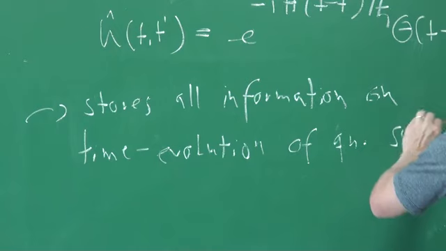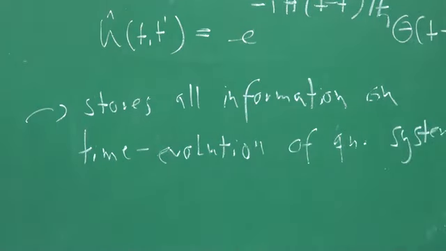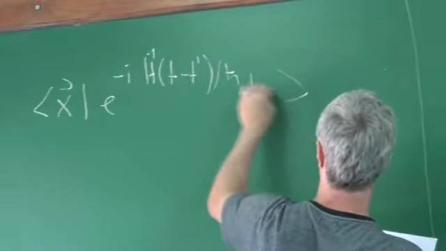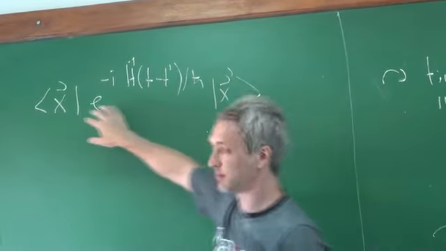And what Feynman's approach is based on is to study these matrix elements. It doesn't have to be matrix elements in the space representation, but often it's convenient to look at the matrix elements in space representation.